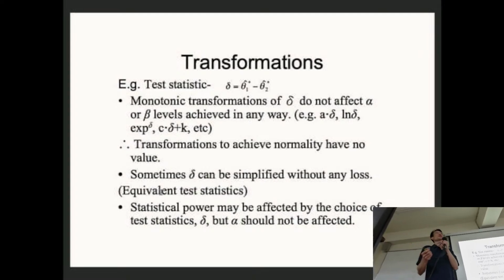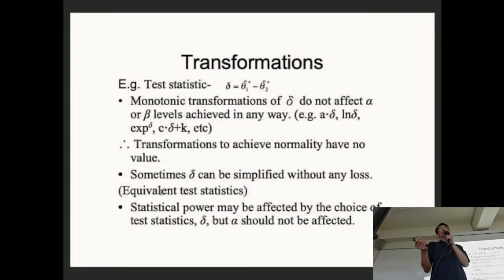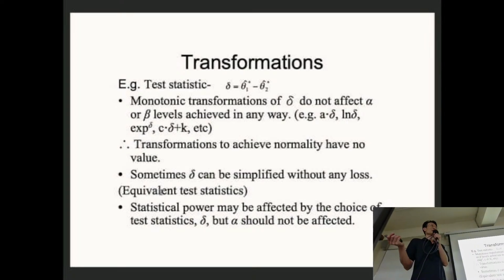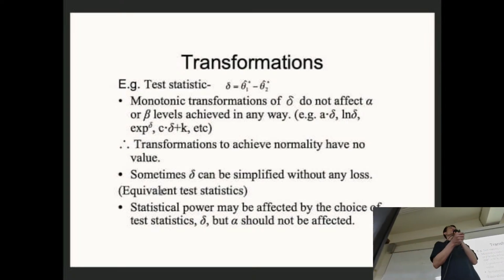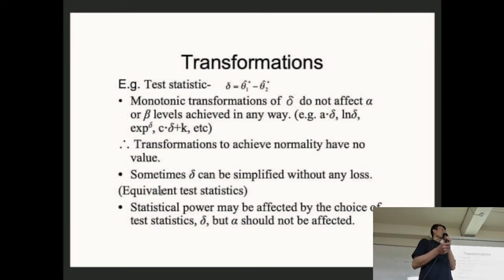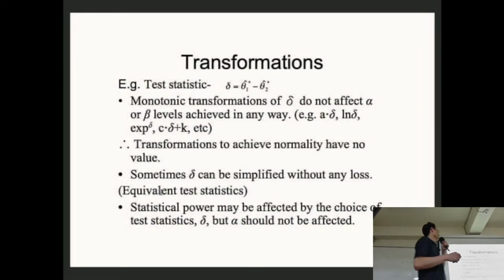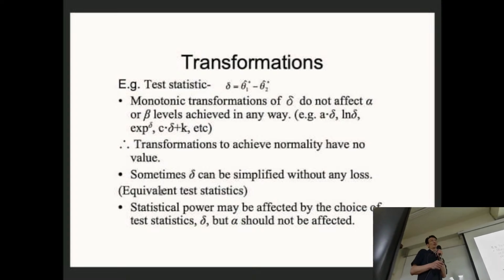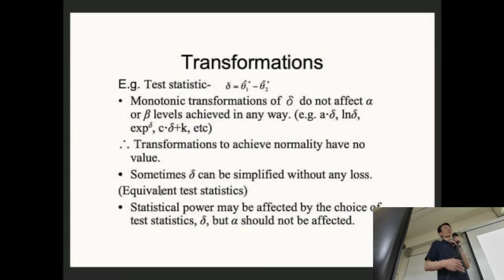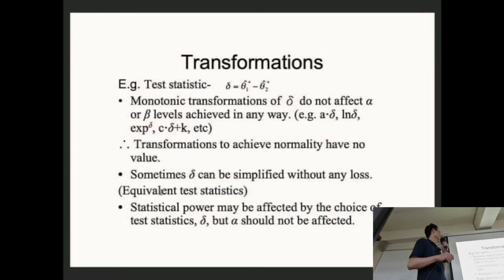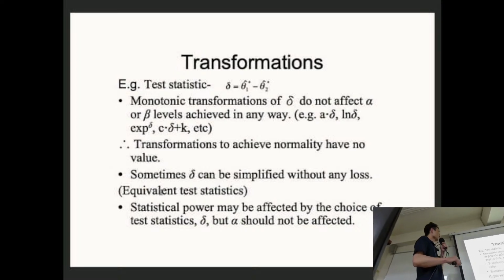But log transformation does not help because in the randomization test, we don't care about the underlying distribution. And in any case, we can always generate a null distribution without transforming the data. So transformation of your original data has no meaning at all in terms of rejecting the null hypothesis or not. Okay? So transformation to achieve normality has no value.